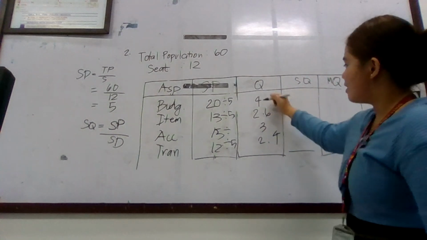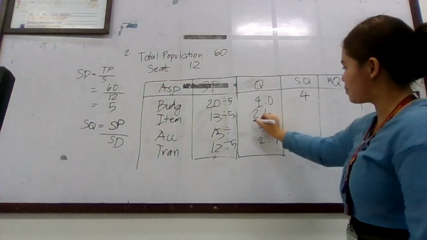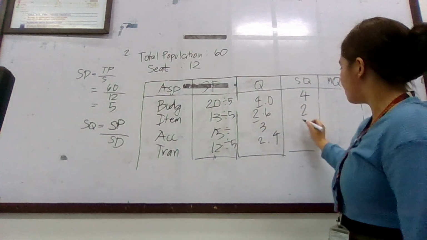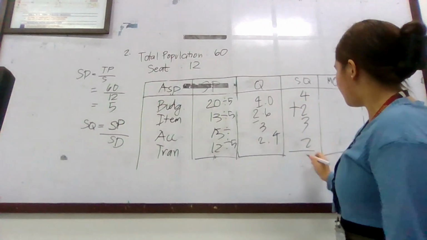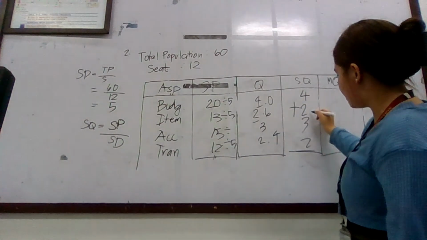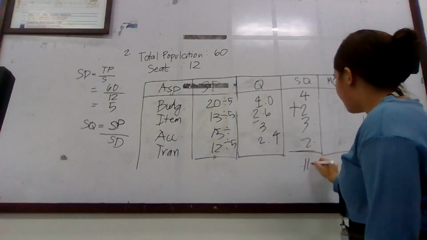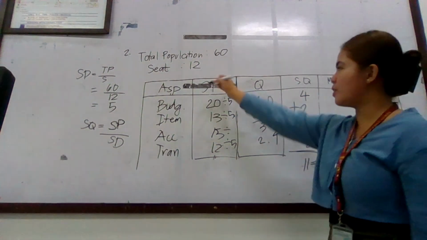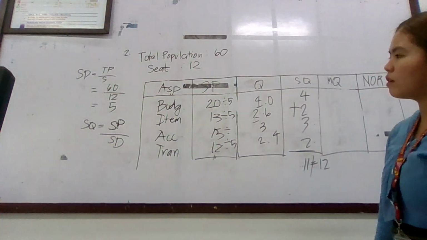So let us get our full number, which will be 4. Here we have 2, 3, and 2. So let us sum up together. So 4 plus 2 plus 3 plus 2 is 11. As you observe, it's not equal to the total seats, which is 12.